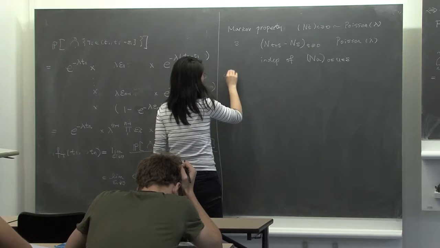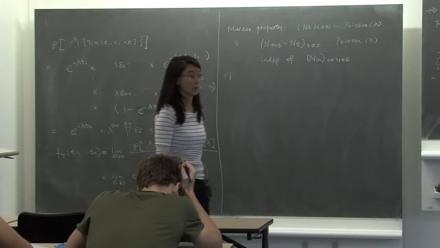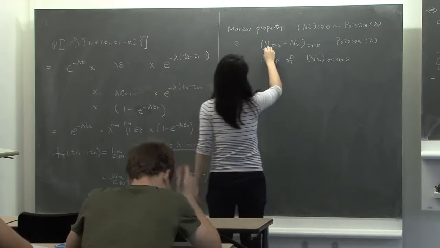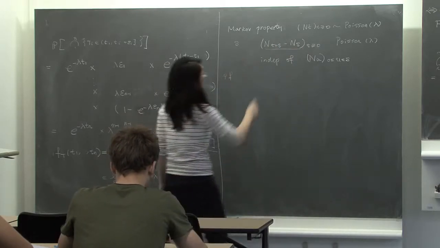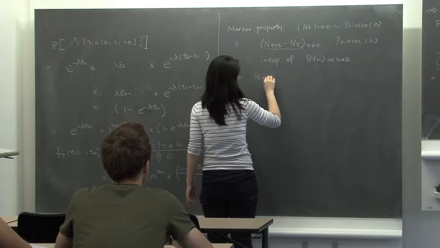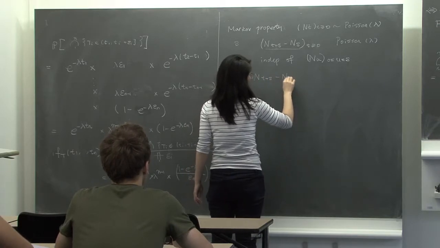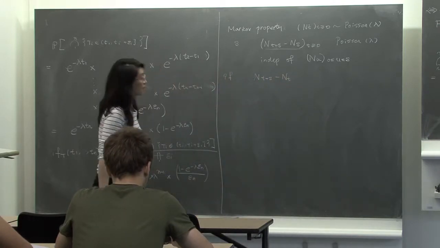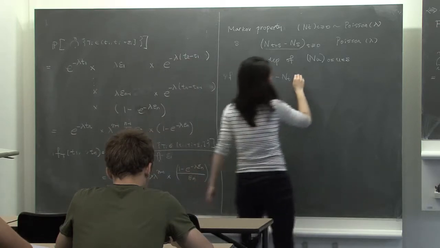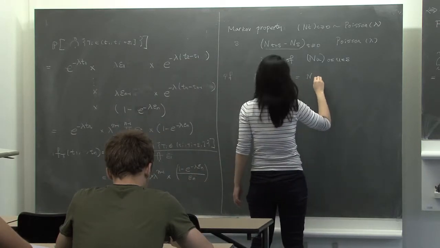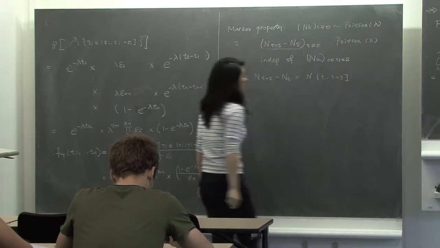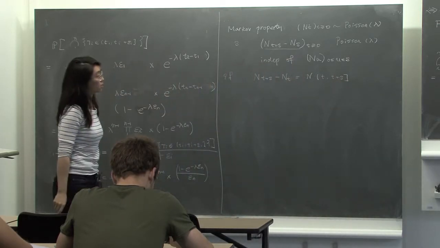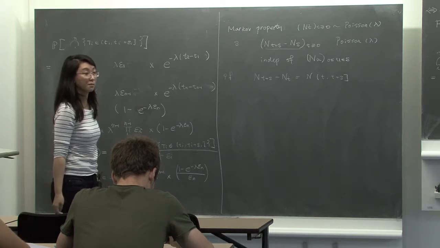And in fact, the proof is immediate from the definition, because we know that Nt is just the counting process of the Poisson process. So we know that Nt plus s minus Nt corresponds exactly to the number of customers arriving within the time interval t to t plus s.